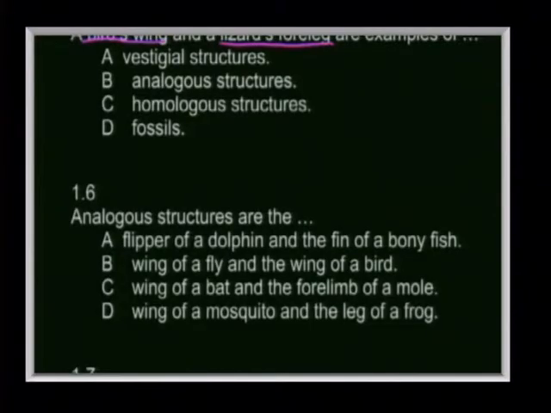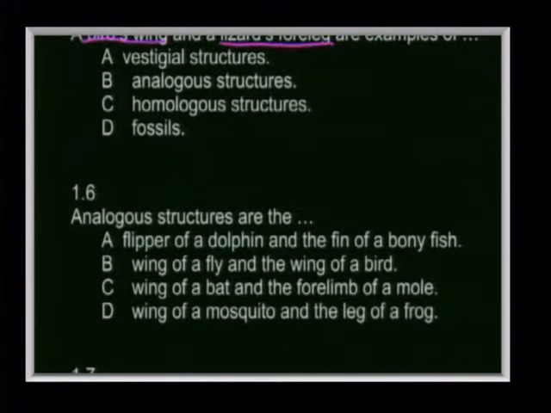Where if you look at C, you have homologous structures. They may have different functions, but their fundamental structure is the same, and they come from a common ancestor. And then last but not least, we know fossils are, of course, the dead animals which have become fossilized through various processes.